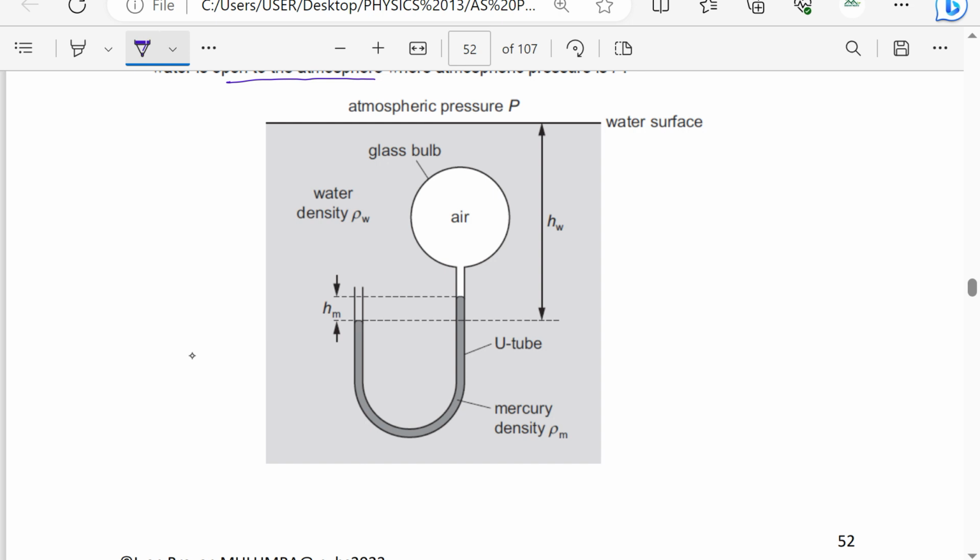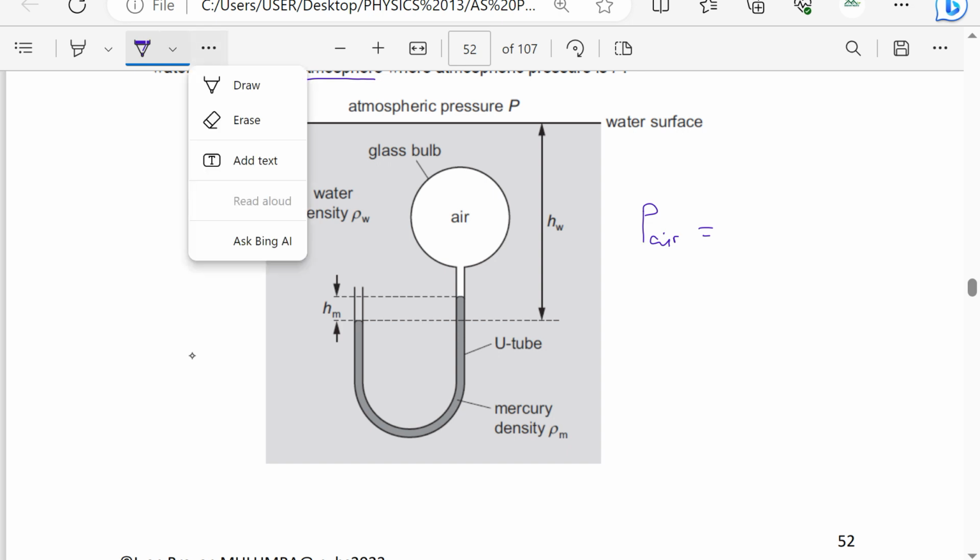So to find the pressure of the air, I will first of all find the pressure on the left hand side. Let me call it P on the left hand side.